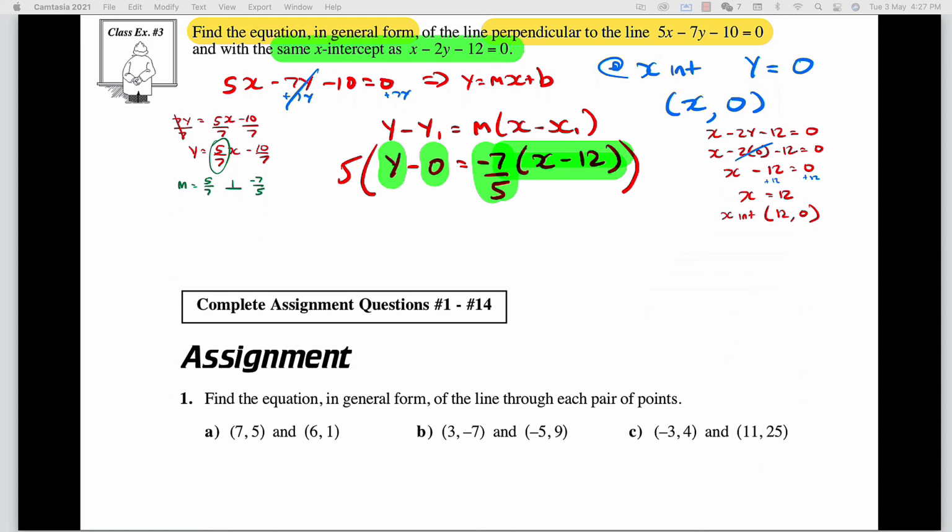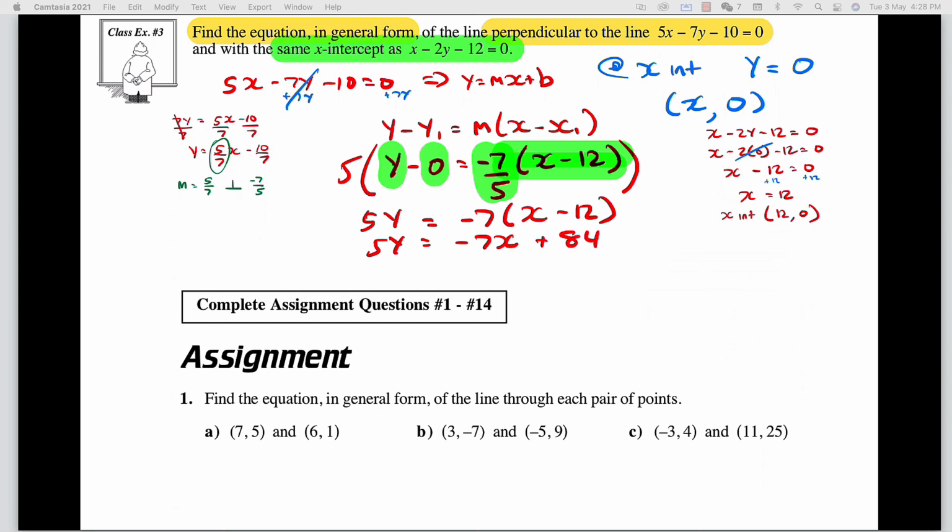So if I do that, I'm going to end up with 5y. 5 times 0 is 0, so I just ignore that, equals negative 7 times x minus 12. When I expand this out, I get 5y equals negative 7x. Negative 7 times negative 12 is a positive 84.